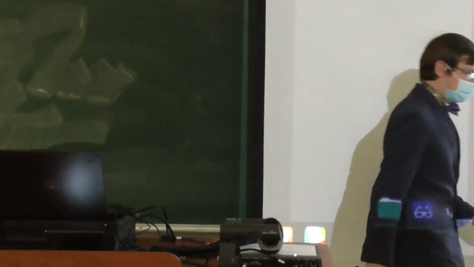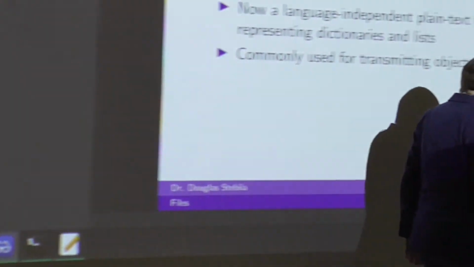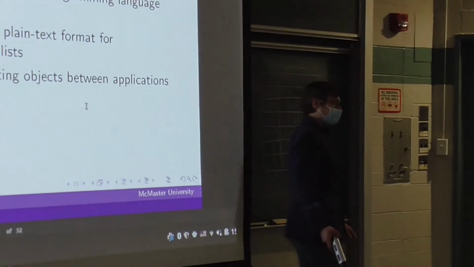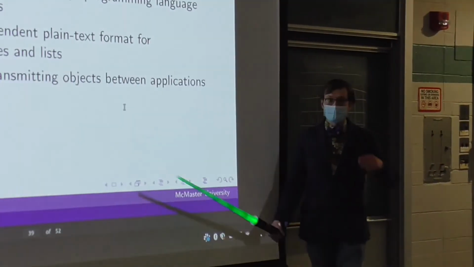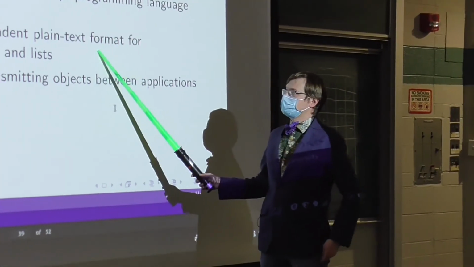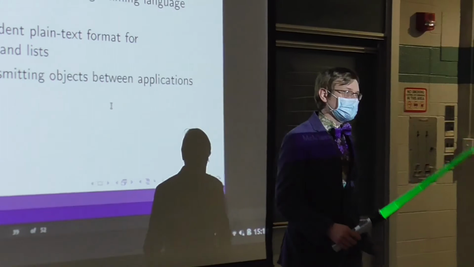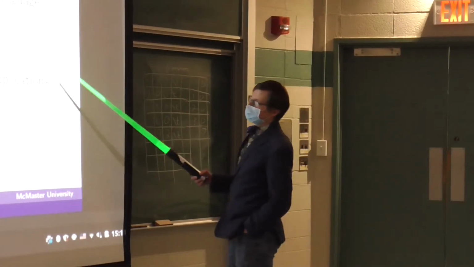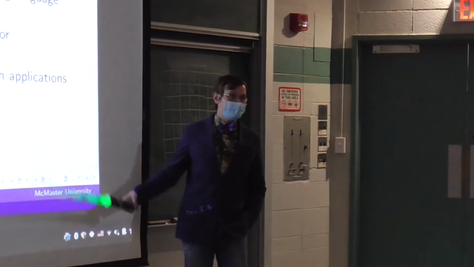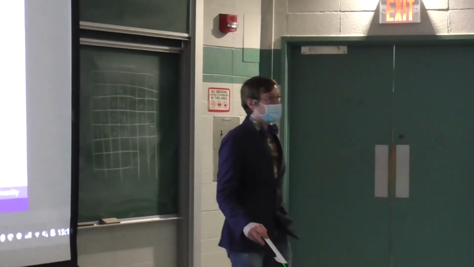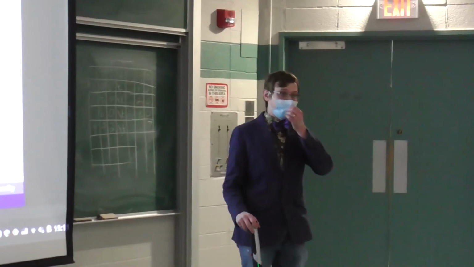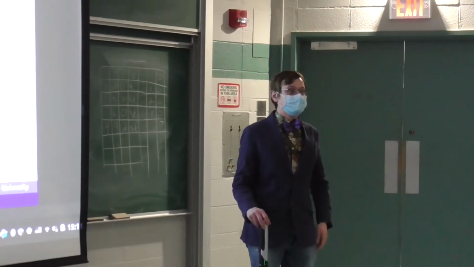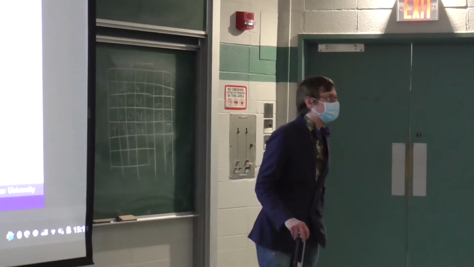But anyway, JSON files rode the wave of the internet, as did JSON itself, and eventually became a language-independent plain text format for representing dictionaries, lists, and structures composed of hierarchically arranged dictionaries and lists, right?